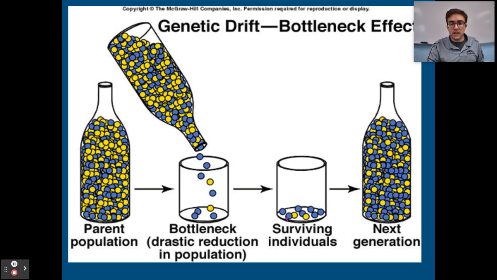Just by chance, we have more blue individuals than yellow individuals. So these individuals are what's going to set the gene pool for the next generation. So in the next generation, we get more blue than yellow marbles. Because of that, what we also can get with this is it promotes inbreeding, right?